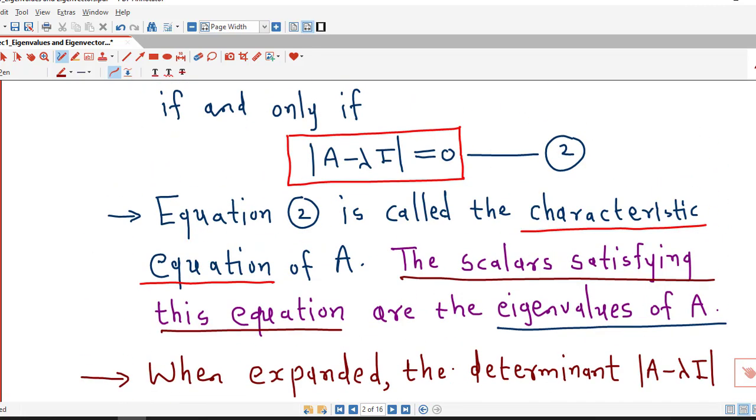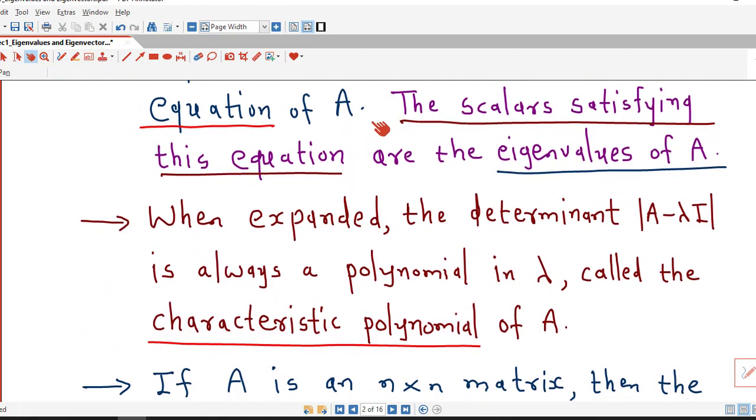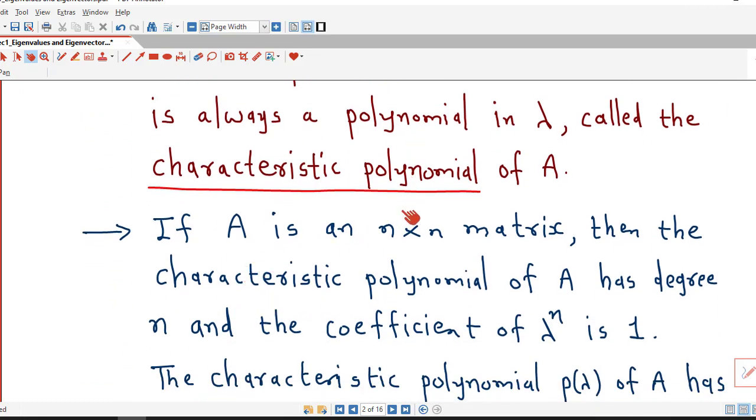Now if we expand this determinant of A minus lambda I, then it is always a polynomial in lambda and is known as the characteristic polynomial of a given square matrix capital A. And if capital A is an n by n matrix, that is, a square matrix of order n, then the characteristic polynomial, which is determinant of A minus lambda I, is always of nth degree, and the coefficient of lambda raised to n is always 1.